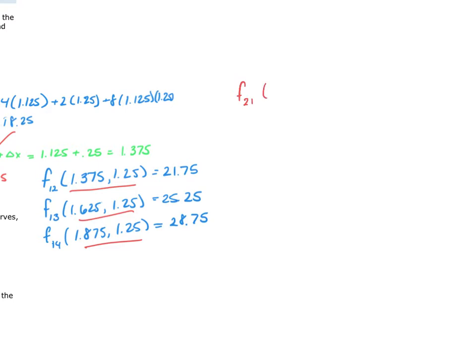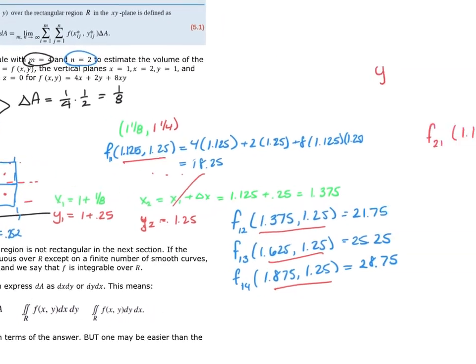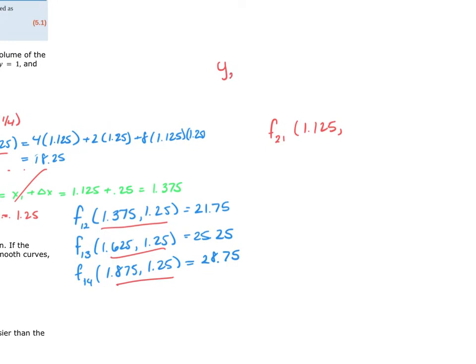In this case, my x is the same as the first row, first box, which is 1.125. My y value in that position, we'll call it y21, is going to be equal to my y1 plus my delta y. And so this will end up becoming 1.75.